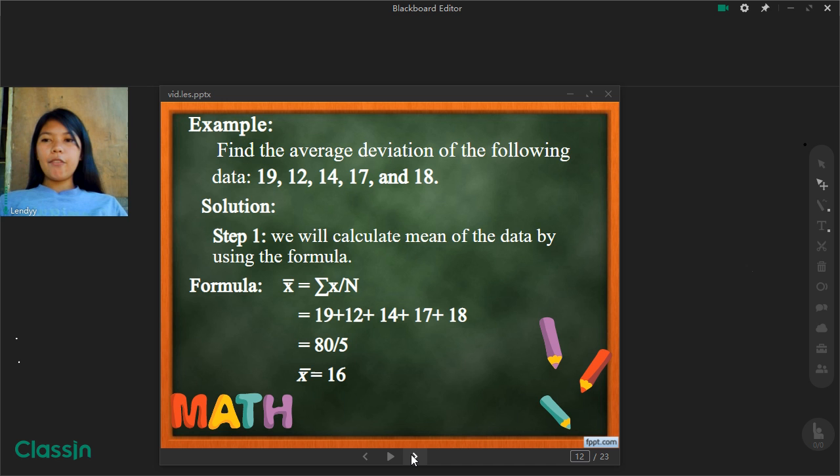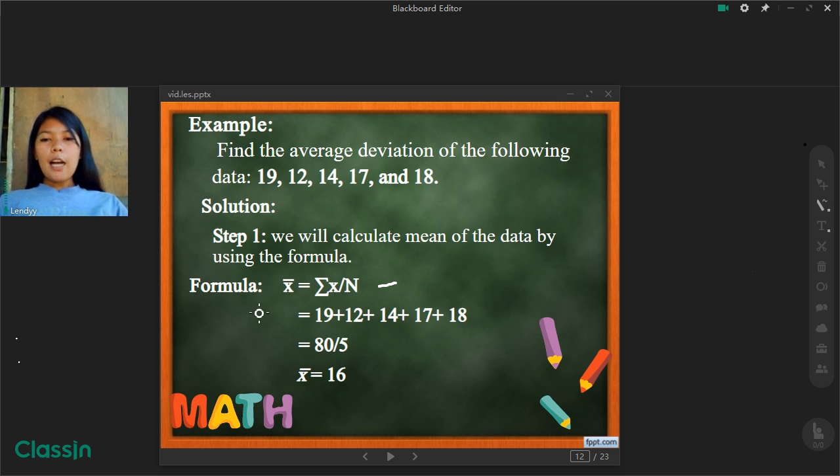So we have this example. Find the average deviation of the following data. You have the data 19, 12, 14, 17, and 18. Step 1 is we will simply calculate the mean of the data. In calculating the mean, we need to follow this formula. The mean is equal to the summation of x divided by n.